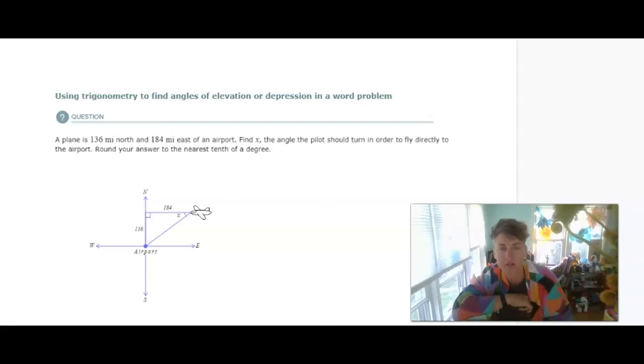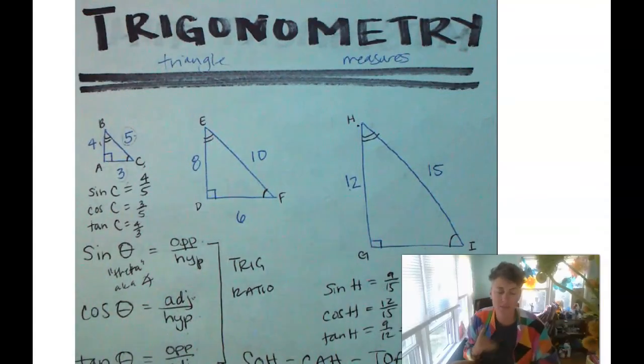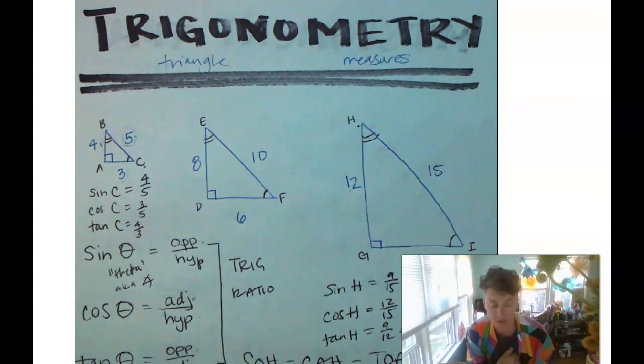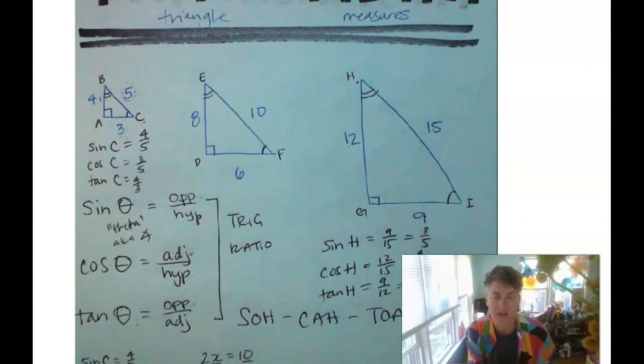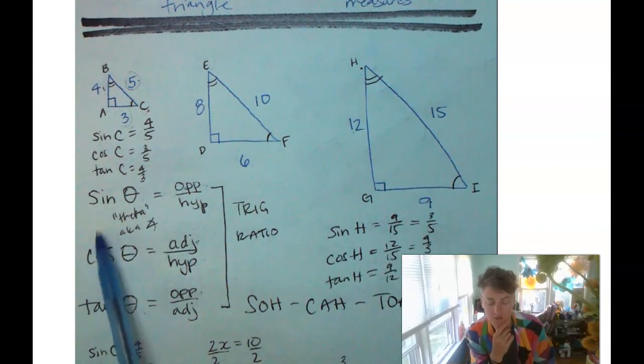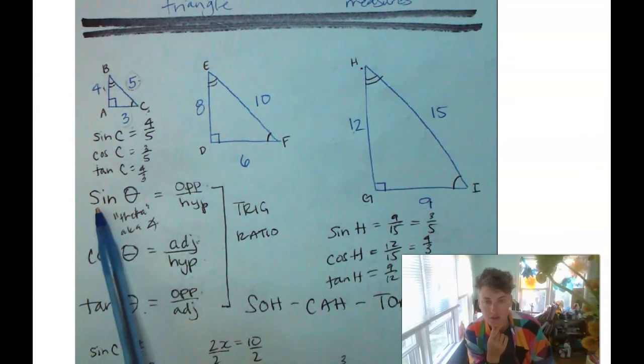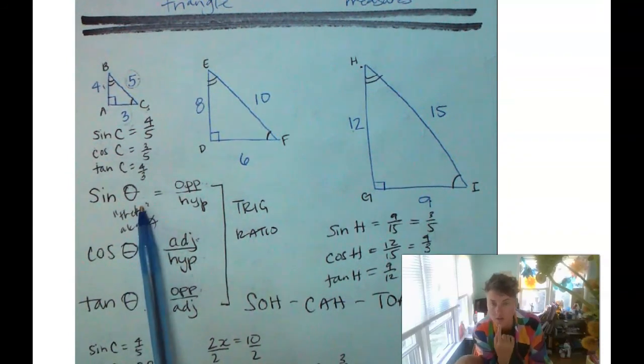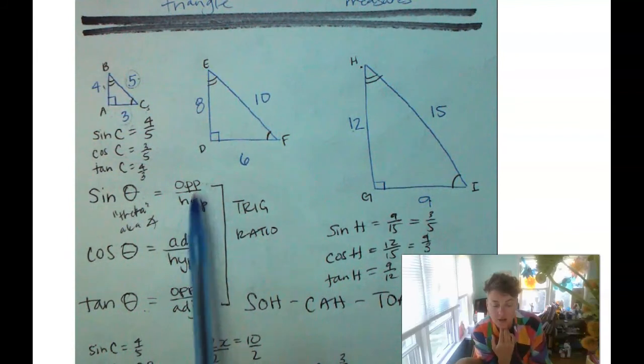So, quick little recap. We talked about trigonometry, which is triangle measures, specifically relationships of sides compared to angles. Those relationships are sine, cosine, and tangent. Sine of some angle is the ratio of the side opposite that angle to the hypotenuse.